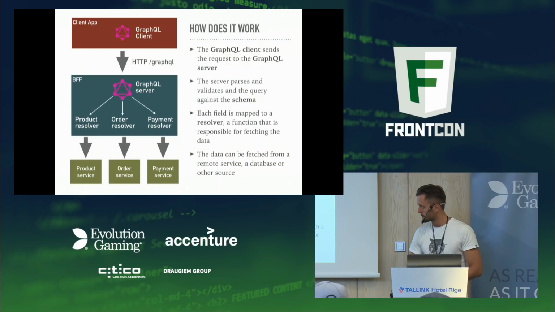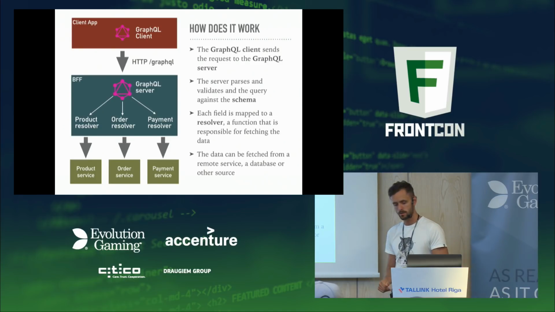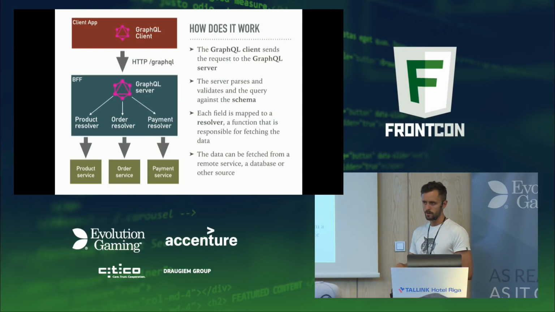How does that work from a technical point of view? I won't get into much detail, but the idea is quite simple. On your client app in JavaScript, you have a GraphQL client, which allows you to create a query like we saw before and send it to a GraphQL endpoint. The request is then picked up by the GraphQL server, and the GraphQL server does several important things.